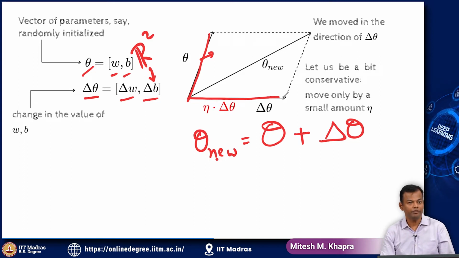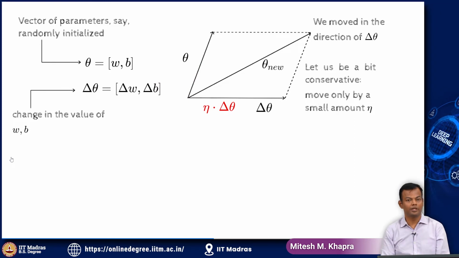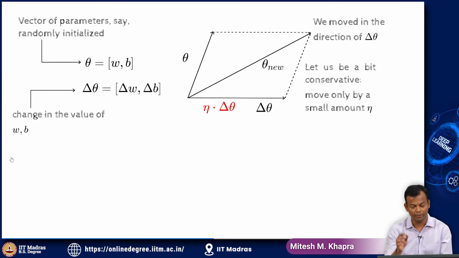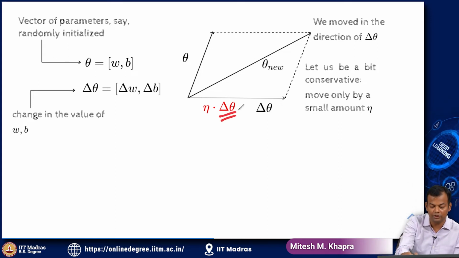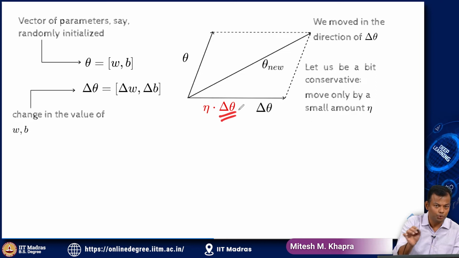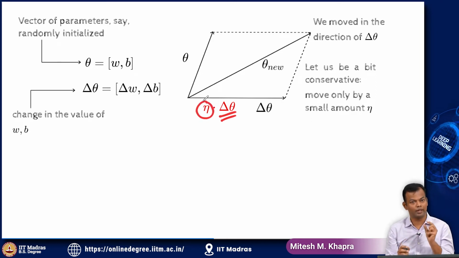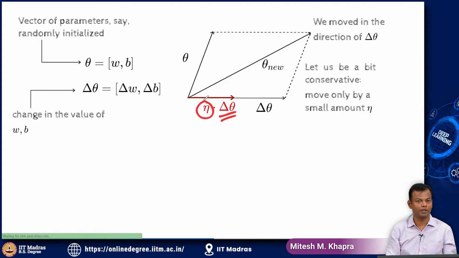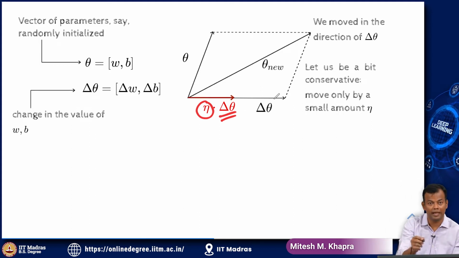So instead of moving fully in the direction of delta theta, I'm going to be a bit conservative, and whatever change you tell me to do, I'm not going to do that full change. I'm just going to multiply that change by a very small value, which is eta. So this is my delta theta vector, the black one.